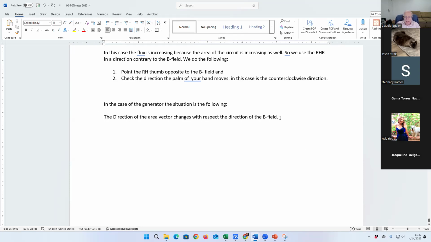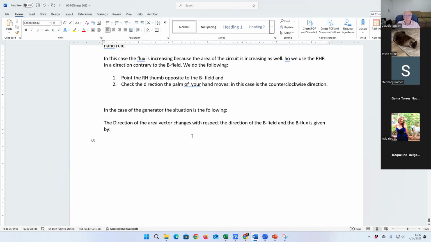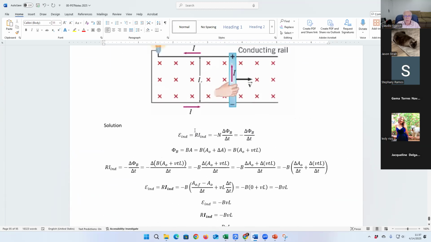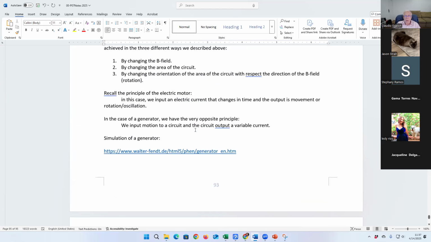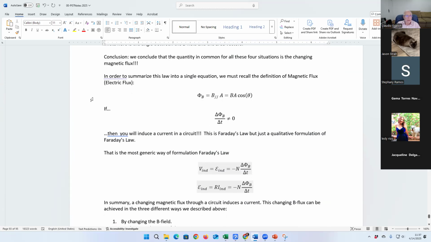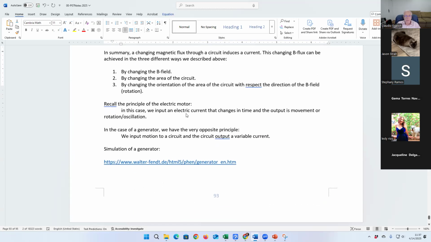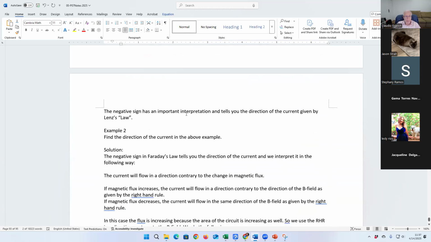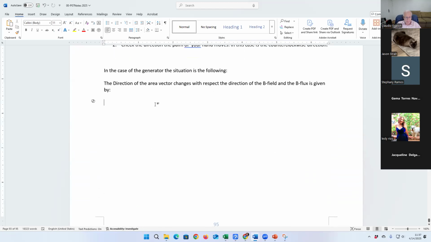And here you go. And the flux is given by, we did that before, right? I'll write in here. That's the equation: the integral of B dA cosine of theta.